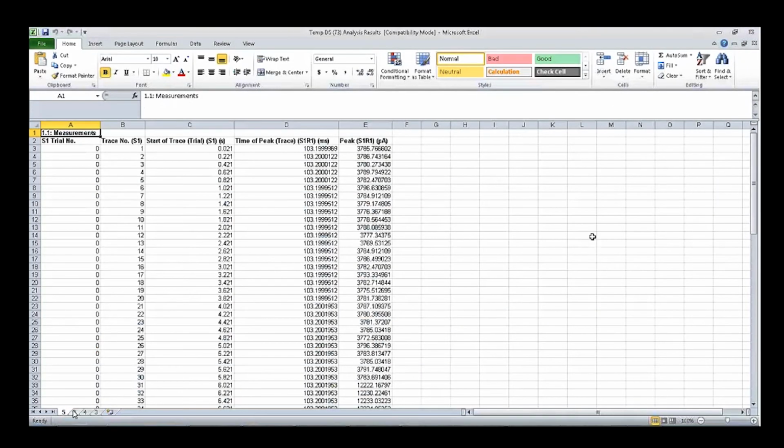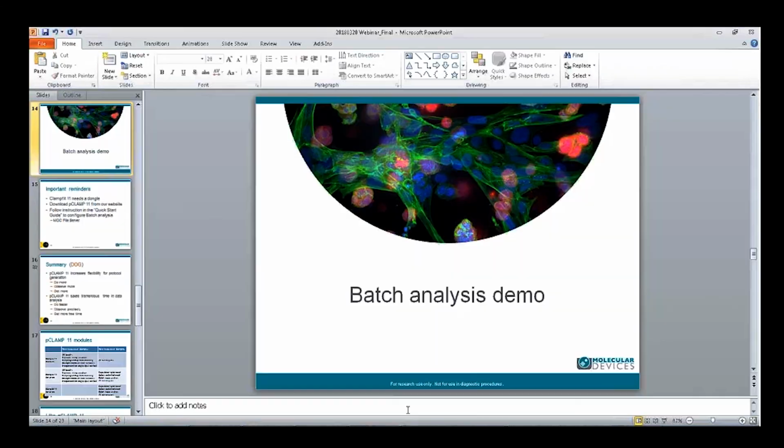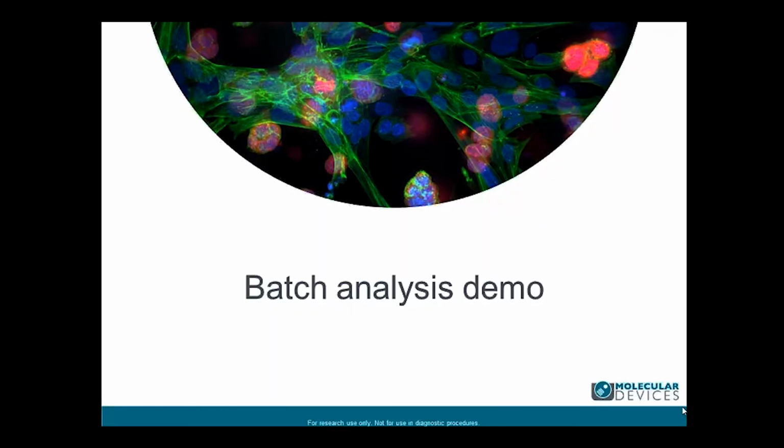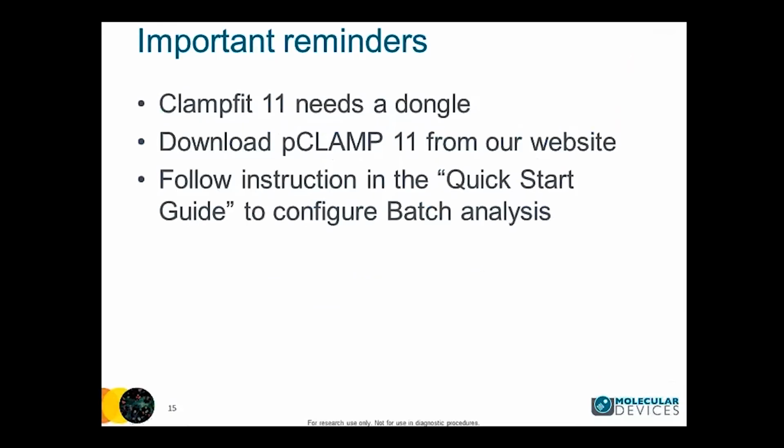Okay. All the data is here, right? All right, so I think I successfully showed you the batch data analysis. It worked, okay? You can save your time. I believe that you're convinced by me that it does save your time, okay?